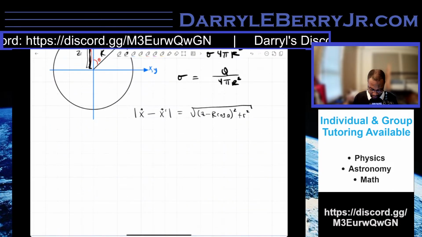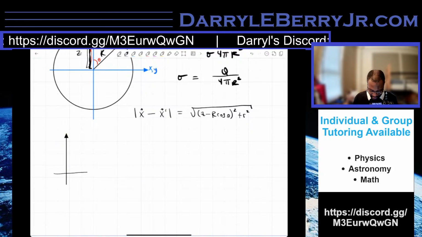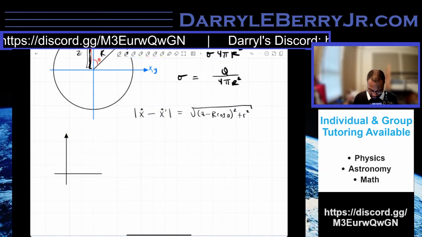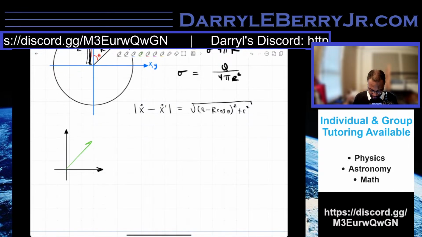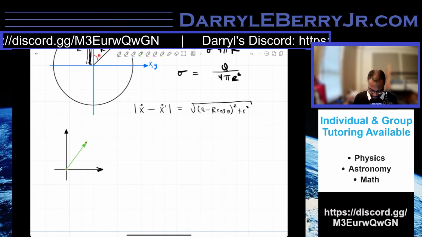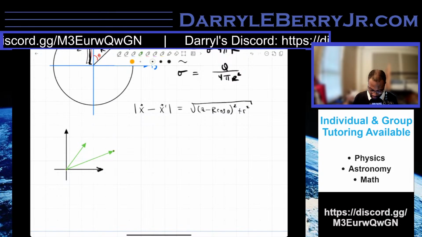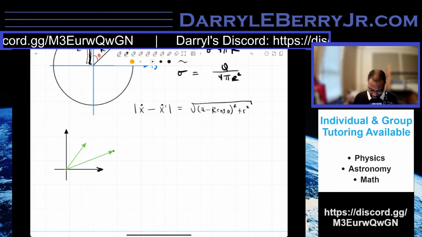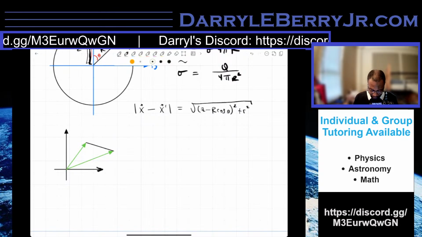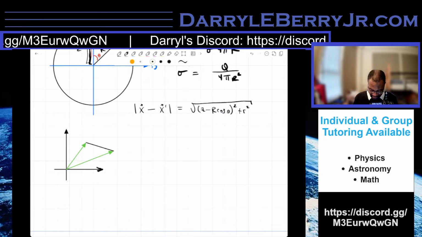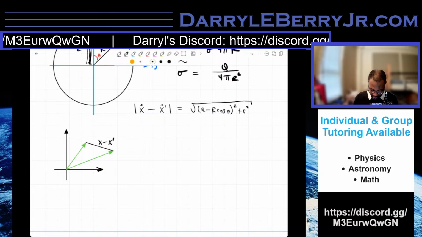And the interesting thing, as an aside, is if we have two vectors, one vector here and one vector there, and I wanted to get the distance between these, we can say that this is x minus x prime.